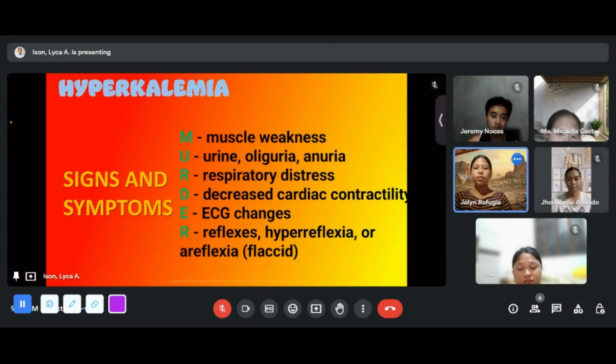And meron din tayong reflexes, hyperreflexia or areflexia. When we say hyperreflexia, it is an exaggerated velocity-dependent stretch reflexes. And then yung areflexia naman, absence of deep tendon reflexes. Okay, so these are the signs and symptoms of hyperkalemia. Next slide.